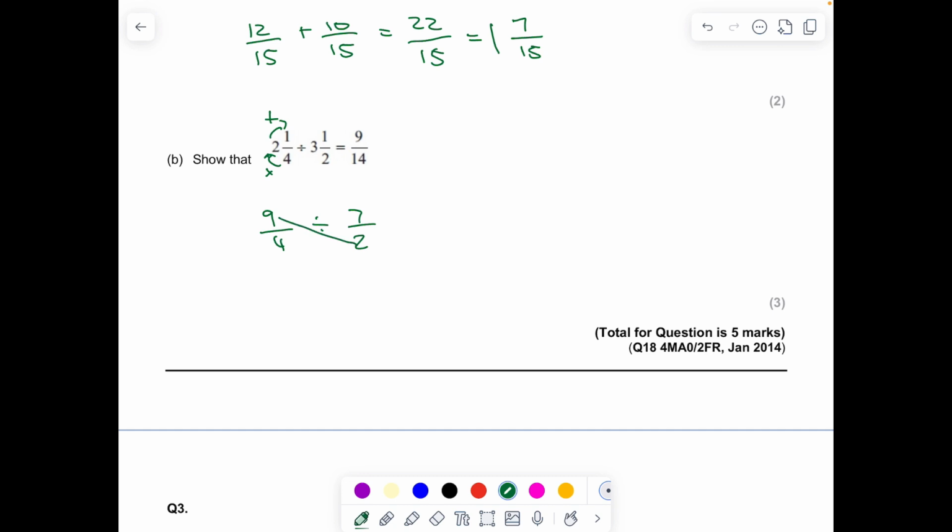Now, some of you do crisscross, or some of you do leave it, change it, flip it. Either way, you're going to get 9 times 2, which is 18, over 4 times 7, which is 28. Then hopefully you realise that you need to simplify it, and they're both divisible by 2. And that gives you 9 14ths.